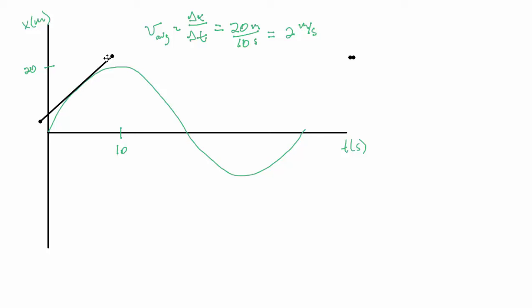So you see how it touches, and it just touches right at that point. What that's called is the instantaneous velocity. So that's at any one little nanosecond. Any little tiny instant of time, what was the velocity at exactly that moment?